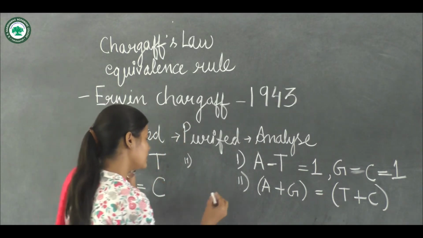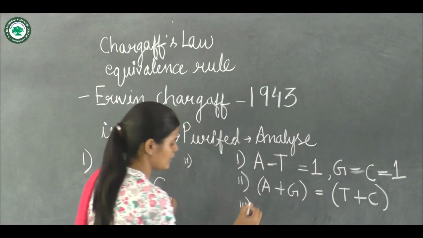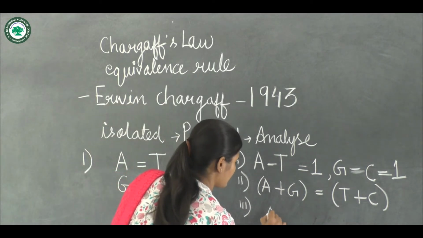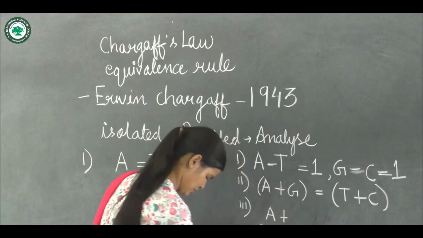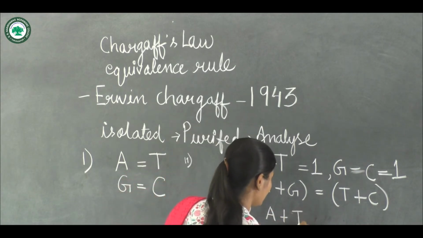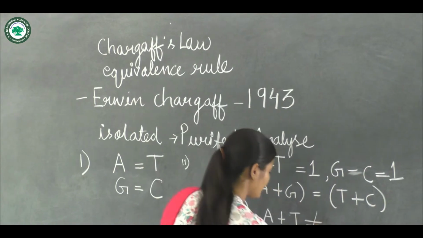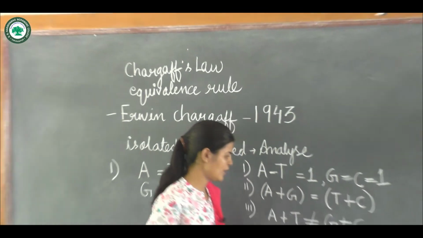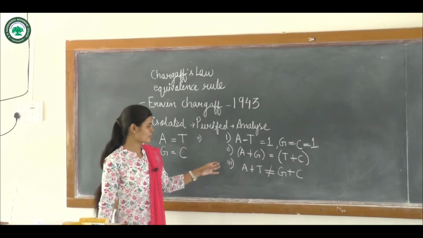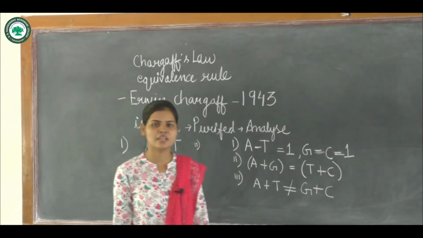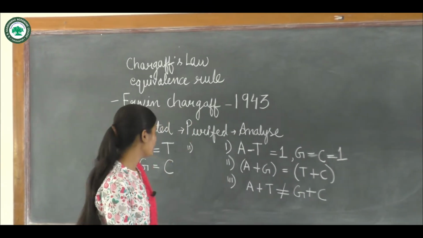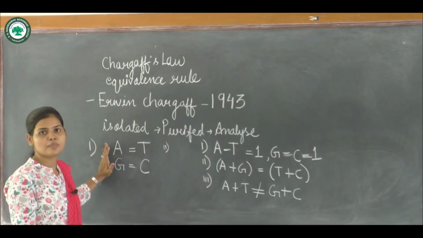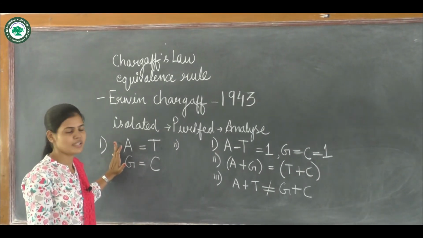Third, the percentage of A plus T is not equal to the percentage of G plus C. These were the three things concluded from Chargaff's rule, that is, the different compositions of nucleotides in DNA.